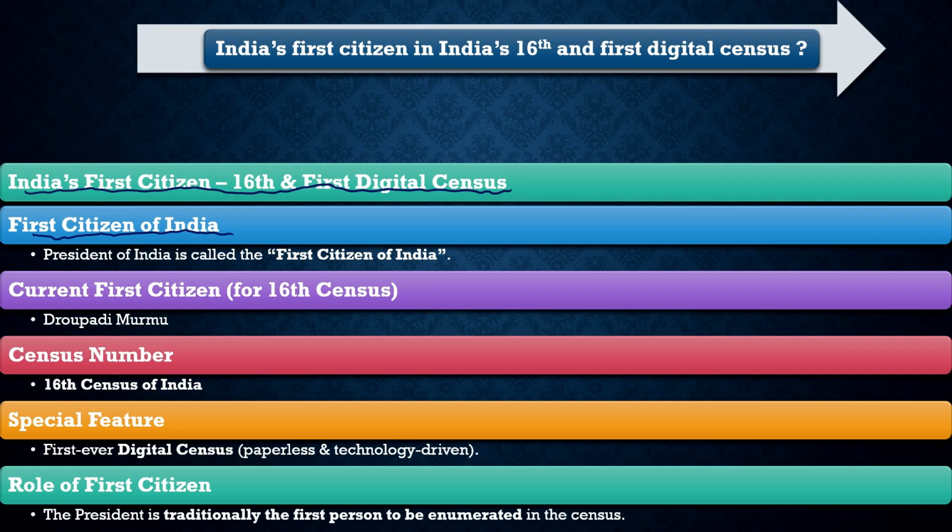I guess we all know that the President of India is called the first citizen of India. It consistently comes in many exams. Current first citizen for the census is our present president Draupadi Murmu. Remember this.